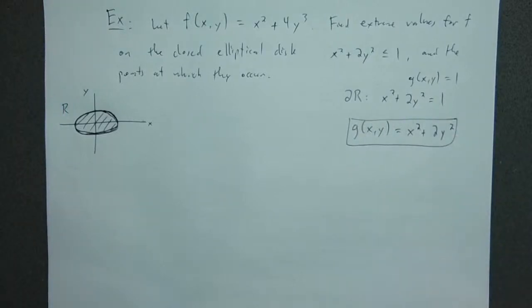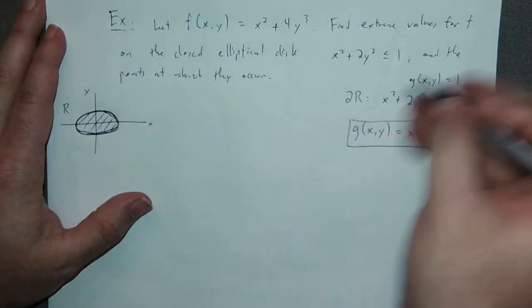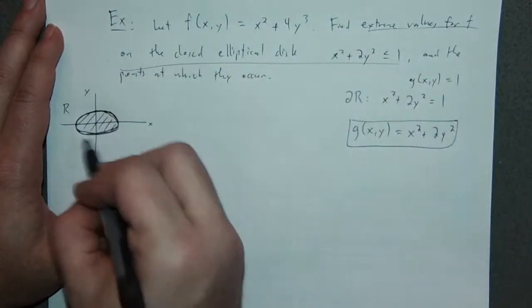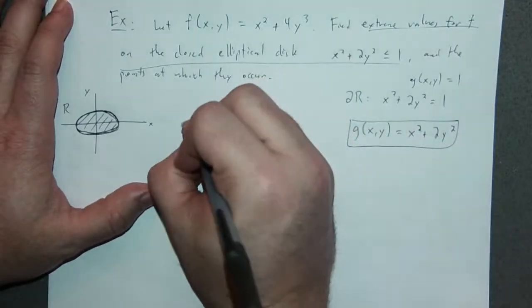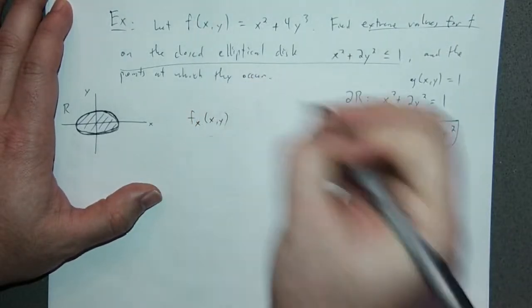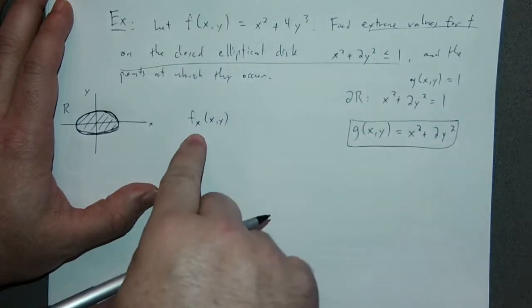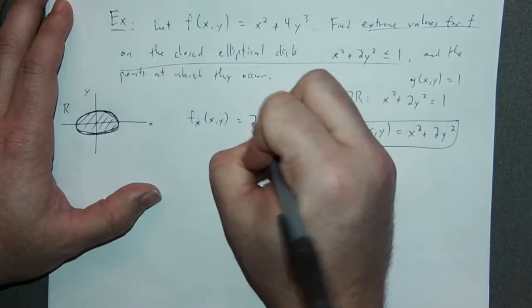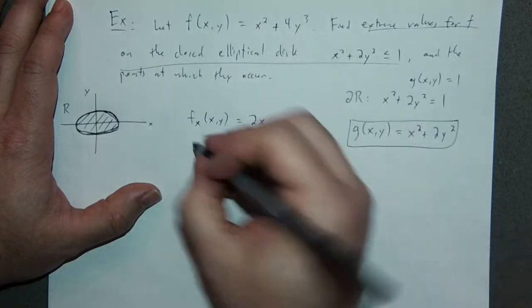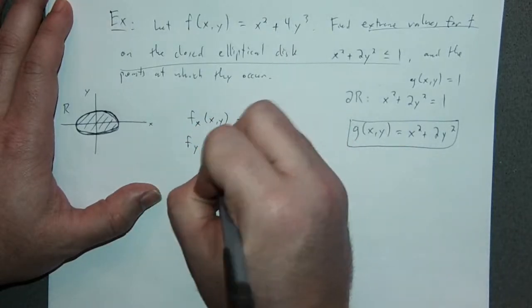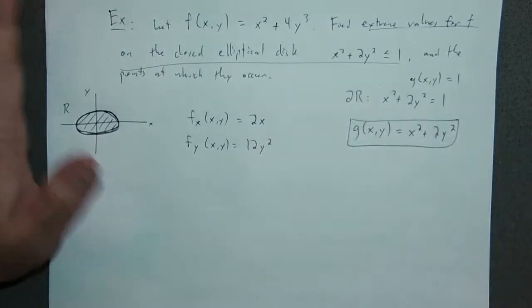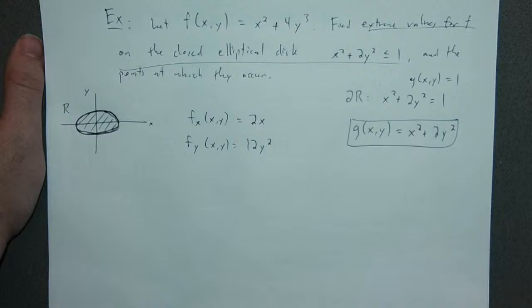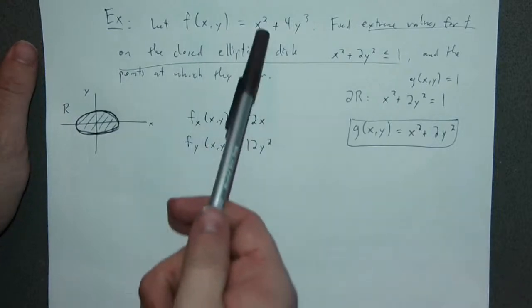Okay, so there's my g of x, y. Now, I want to find extreme values for f on the closed elliptical disk, so I'm finding it on this whole region. So first things first, I've got to find critical points for f. Let's do that. I compute the x and y partials. The x partial of f is 2x. The x partial of 4y cubed is 0. The y partial of f is 12y squared, because the y partial of x squared is 0.